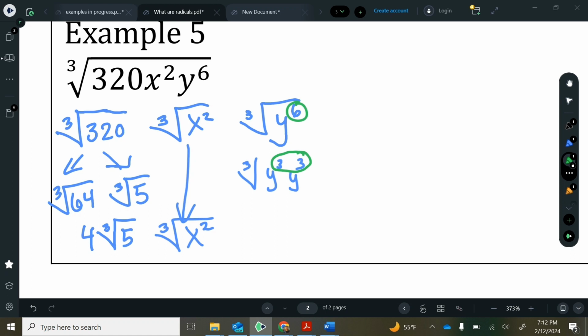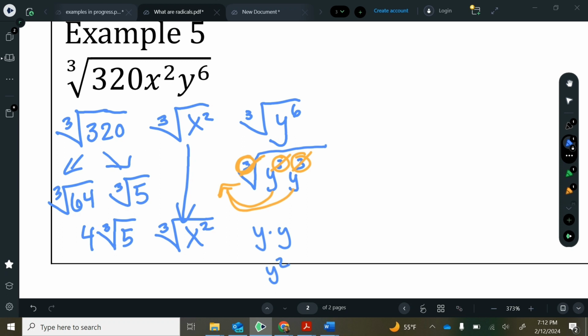So 3 plus 3 is 6. And then look, this and this are a match, so they cancel, and the y comes out of the radical. Same thing here. The 3 and the 3 are a match, so they cancel, and the y comes outside of the radical. Nothing left inside of the radical, so that just becomes y times y, which is y squared.